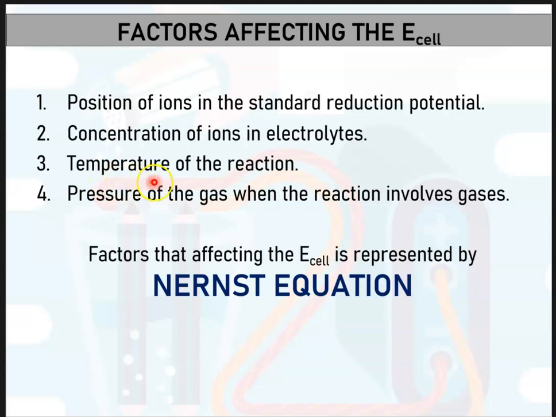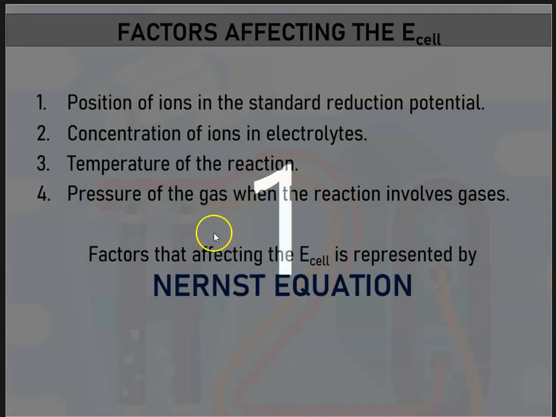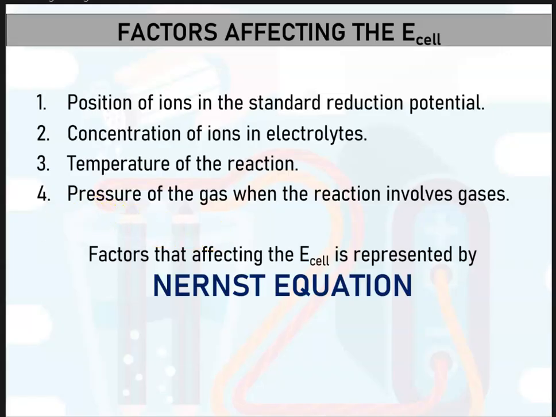The third one is the temperature of the reaction, because if you look at the previous slide, delta G and delta F are a function of T and also Q. Q is the concentration. And number 4, the pressure of the gas when the reaction involves gas. So all these 4 will affect the E cell.